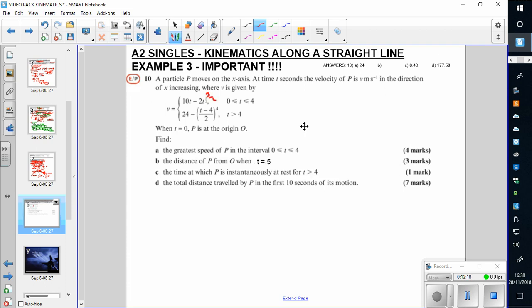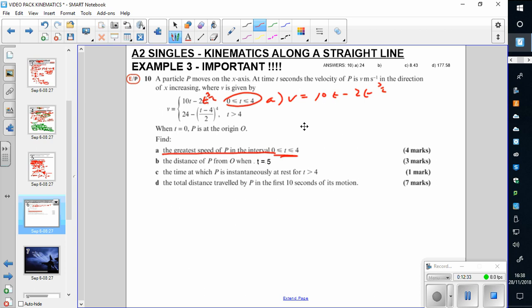So that's t to the 3 by 2. Okay, so greatest speed. First off, greatest speed in that interval between 0 and 4. Normally when we do greatest speed, in this section we're looking at the 10t take away 2t to the 3 by 2.